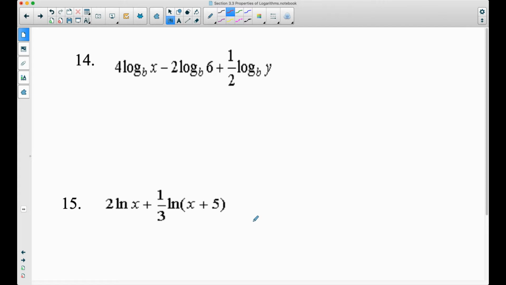Okay, if you have logarithms that you're condensing and you have more than 2, work left to right. Condense the first 2 together, and then condense it with the third one. So go ahead and try both of these.